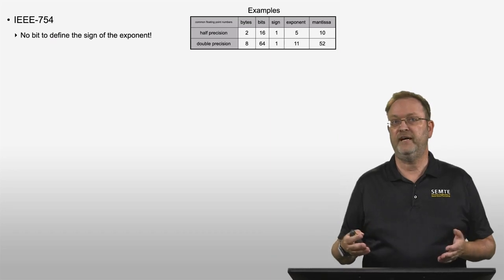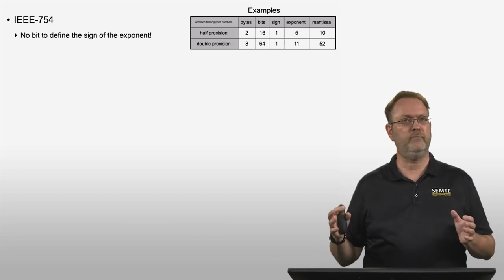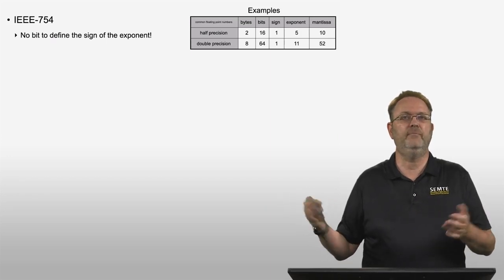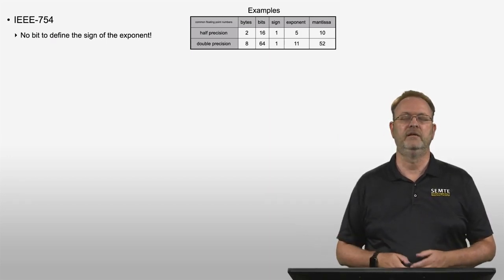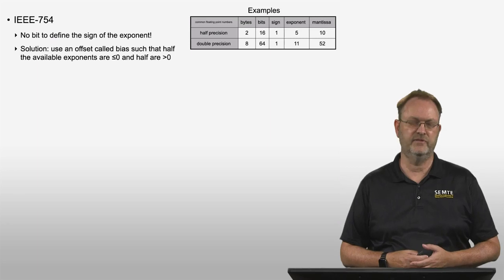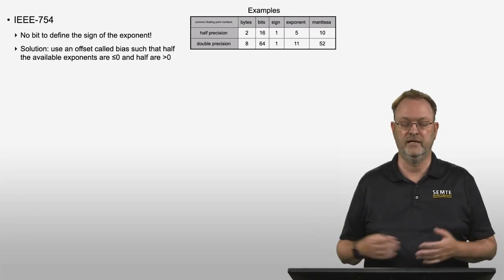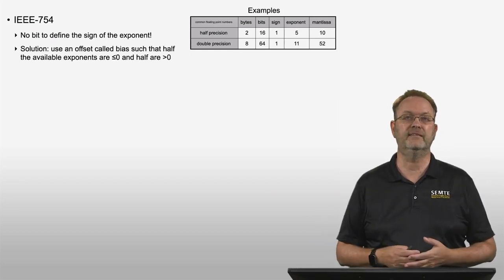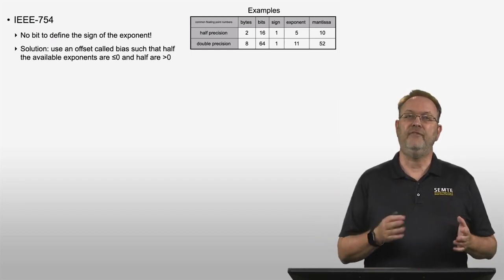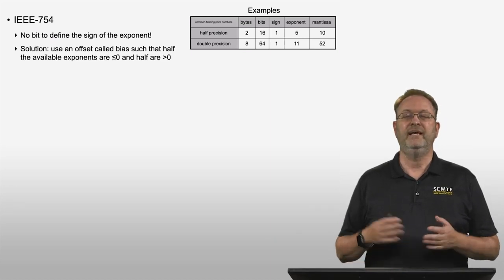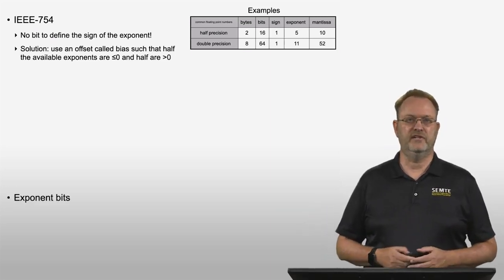We have a bit to define the sign of the overall number, but for the exponent p, there's no sign bit defined in IEEE 754, but we have to be able to store negative exponents as well. So the solution offered in the definition is to use an offset. And that offset is called a bias, such that half the available exponents are smaller or equal to 0, and the other half are larger than 0.